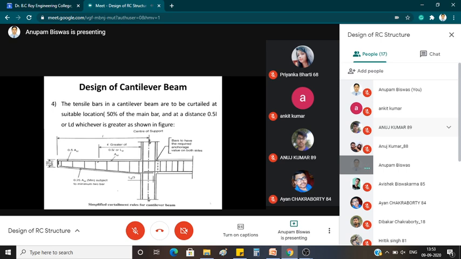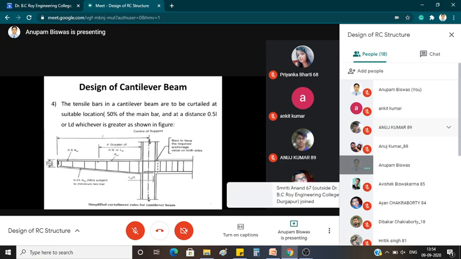That is span by effective depth. For a cantilever, if anyone remembers, for controlling the deflection, the ratio for a simply supported beam is 20, and for a cantilever it should be 7.